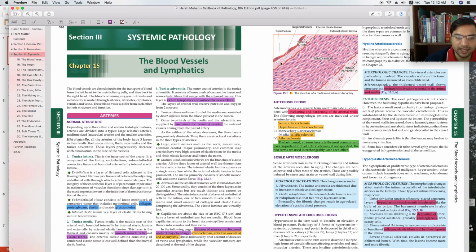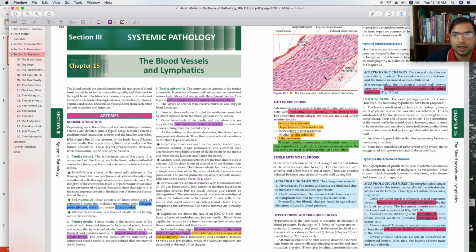Whereas tunica intima, the innermost layer, contains the endothelial layer and some other proteins like collagen, proteoglycans, elastins, and some glycoproteins, right? So tunica intima contains collagen and elastin and endothelial layer, whereas tunica media contains smooth muscle cells and elastic fibers. This tunica adventitia has a nerve supply. The blood vessels have their own nerve supply, right?